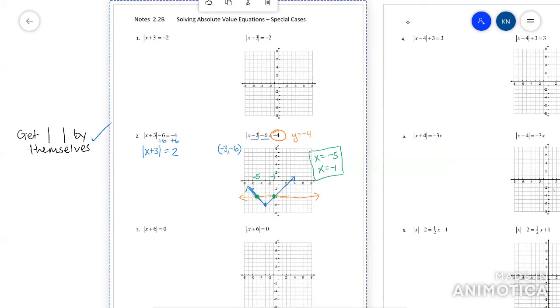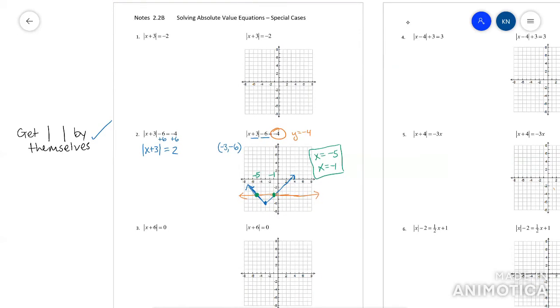Check. Now, the next step is you're going to write it twice. Once normal. And once times -1.